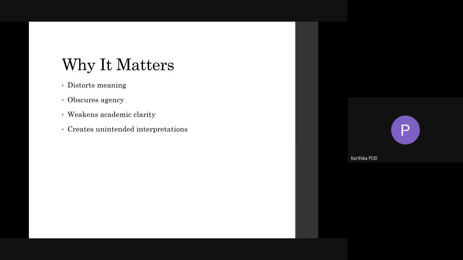So why should we have a discussion on dangling modifiers? Most of the time, like I said, it distorts meaning. In the previous example, instead of he, the second clause had the car. So the question is, was the car crossing the road?